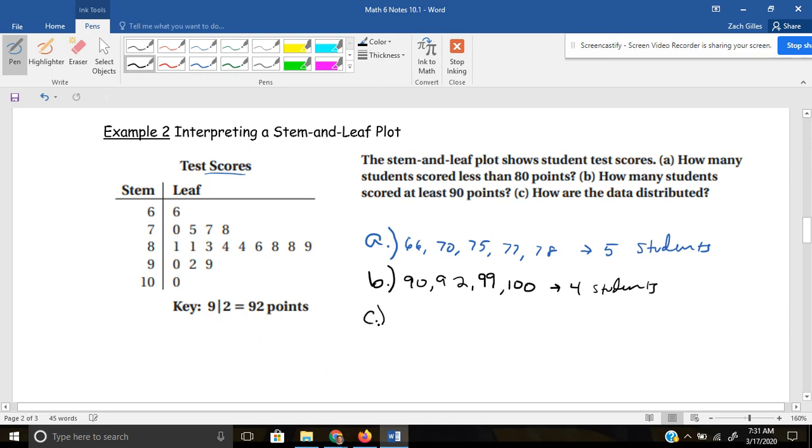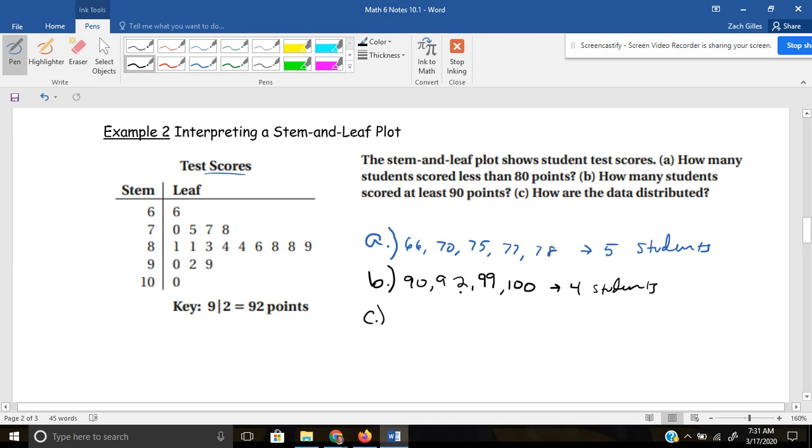And lastly, the question says, how are the data distributed? So looking at my test scores here, what can I say about my data? So if I look at the high range, are there many up at the high range? Well, there's a few. If I look at my low range, again, there's a few, but most of the scores are right in the middle.